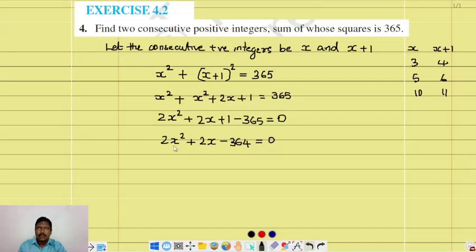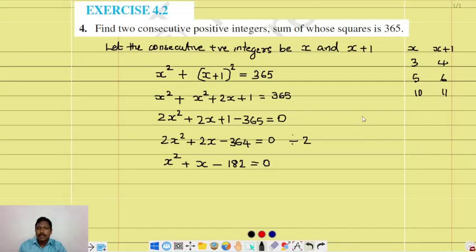Now see this, all the terms are multiples of 2, so you can divide all the terms by 2. Then you will get x squared plus x minus 364 divided by 2, which is 182, equal to 0.